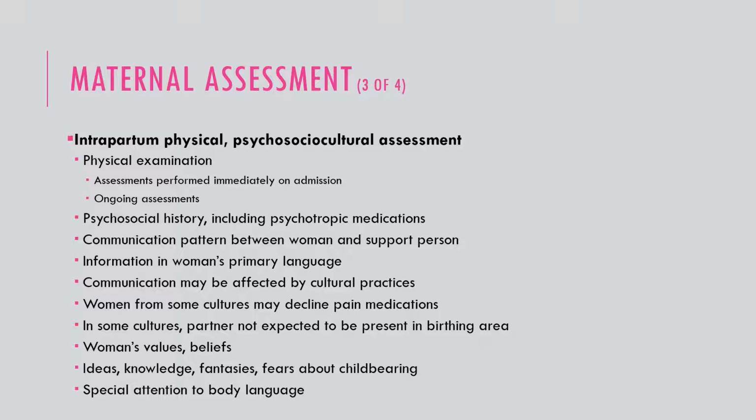And then as the nurse, you should be assessing the communication pattern between her and her support person. That will give you some really specific cues about how supportive that support person is. Is it a healthy relationship? And is it going to benefit her throughout the labor and delivery process?